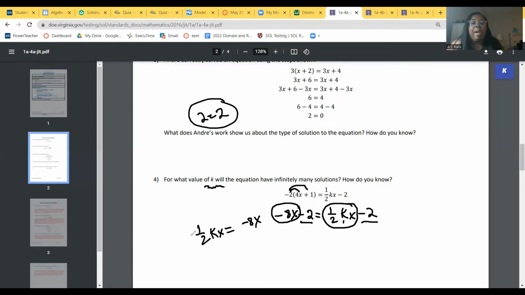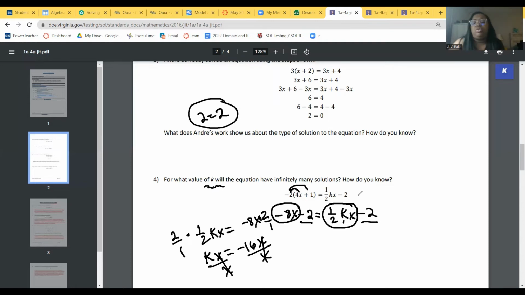The opposite of multiplying by a half is multiplying by 2, like the reciprocal. So we can have kx is equal to negative 16x. Divide both sides by x, and you will see that the value of k has to be negative 16.